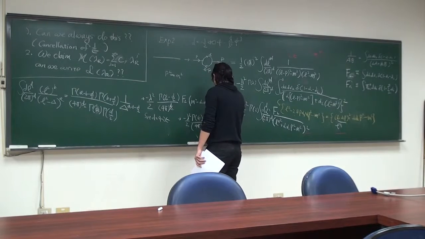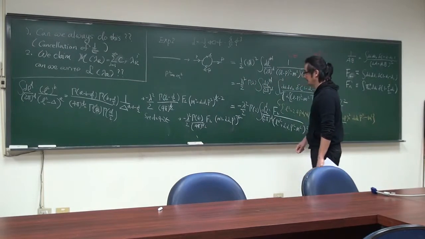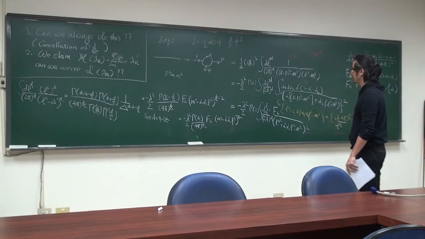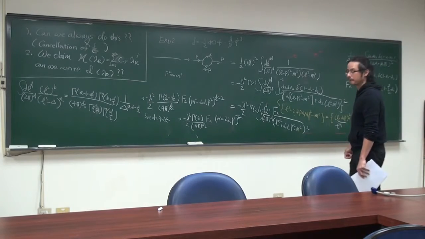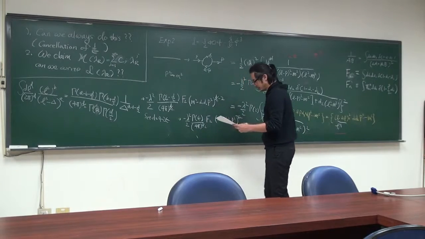And then F2 integrating over m squared minus alpha 1, alpha 2 p squared. And this is just epsilon. Oh, sorry, minus epsilon. Okay? Good.